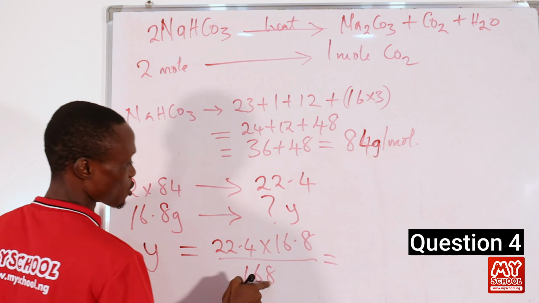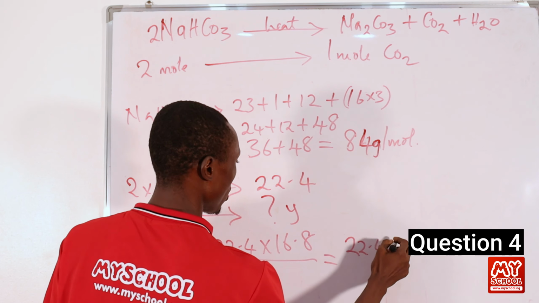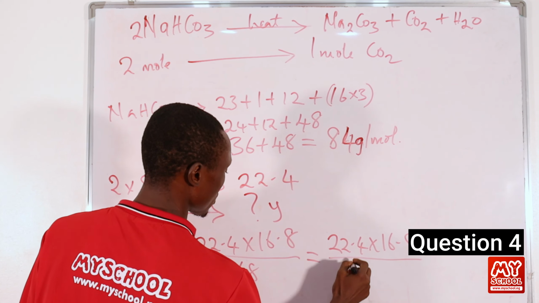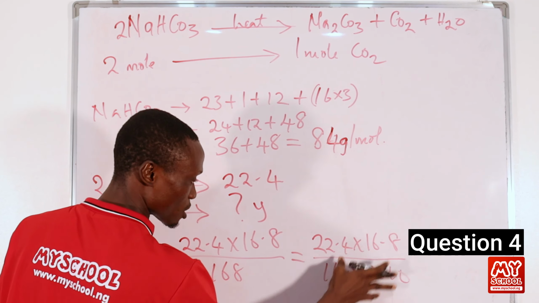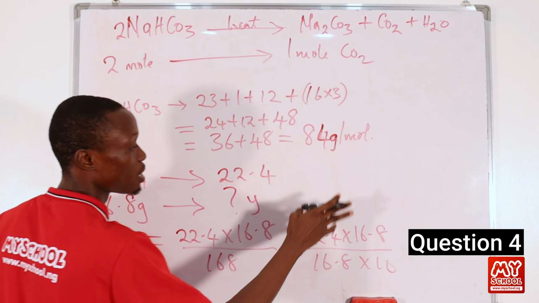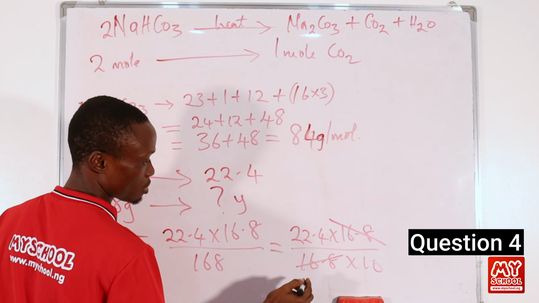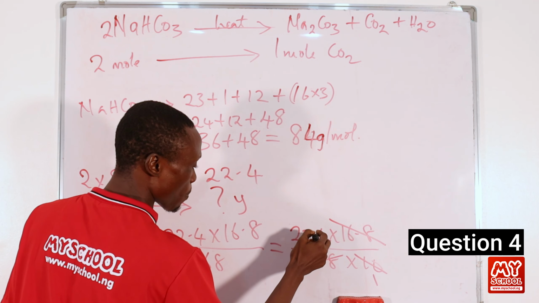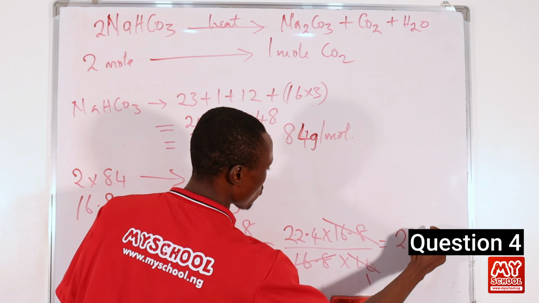So let's break this down so that it will be in this format. So we'll be having 22.4 times 16.8 all over 16.8 times 10. Okay, of course, the essence of all this is just to make our division easier for us. So 16.8, we cancel out 16.8, right? Then 10 here is 1. Then 10 here, we move our decimal point 1 place to the left, so that our answer becomes 2.24.